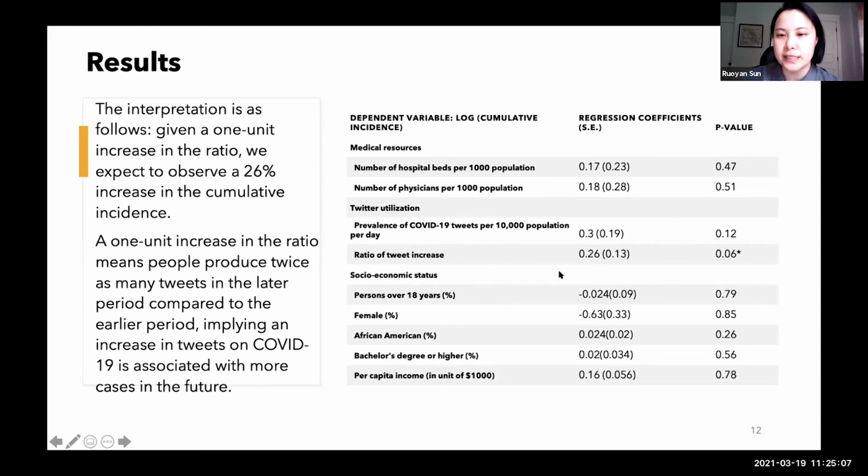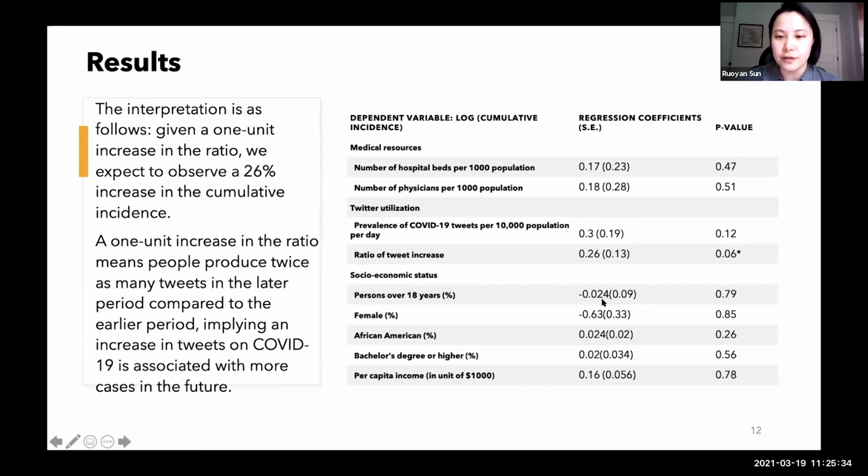What we found is that there's a significant positive association between this variable and the log cumulative incidence. The interpretation is as follows. Given a 1 unit increase in the ratio of tweet increase, we expect to observe a 26% increase in the cumulative incidence because we use a log outcome.